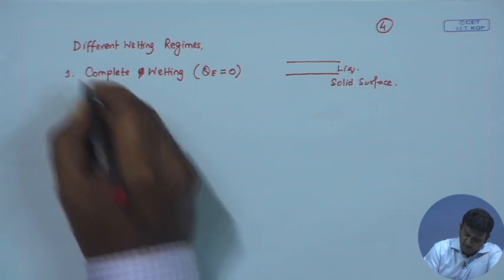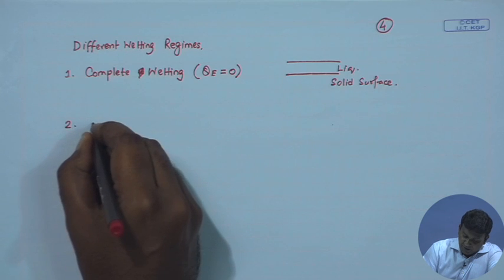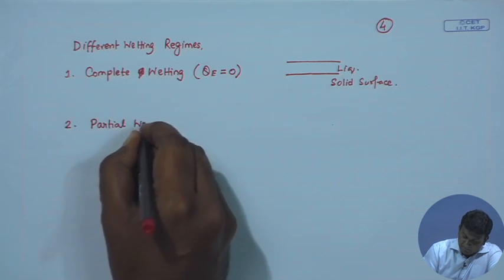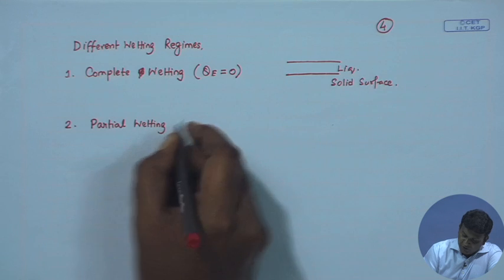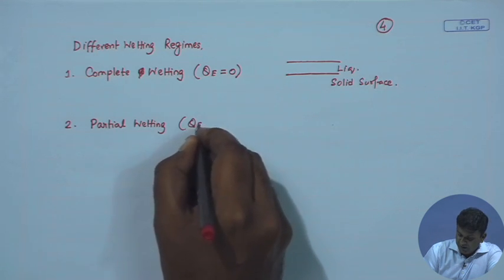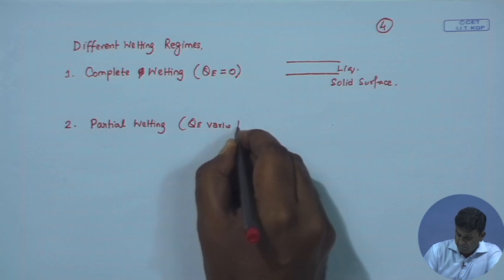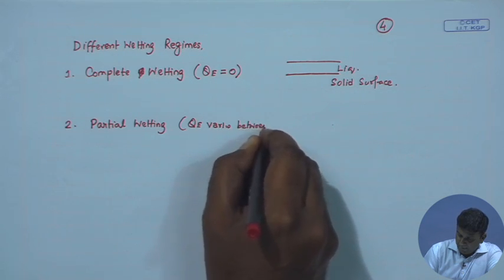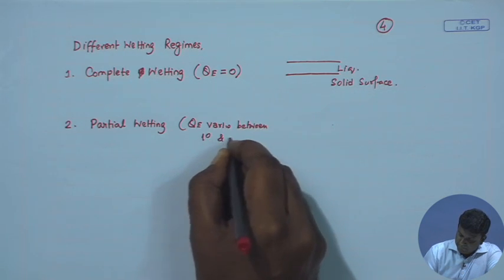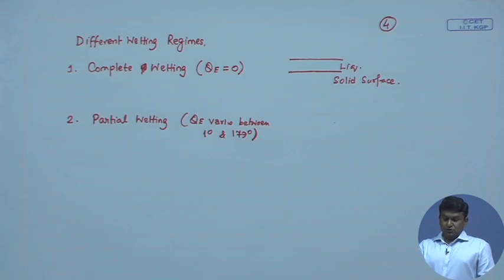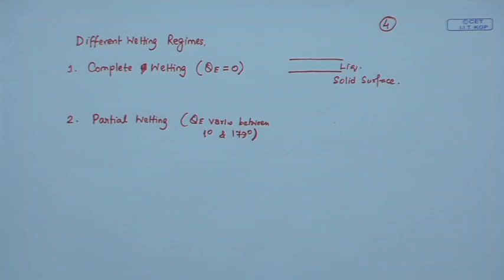and the second possible regime is the partial wetting, where theoretically or in principle theta e varies between 0 and 180 degrees; experimentally people have shown values close to 165 degrees with water.